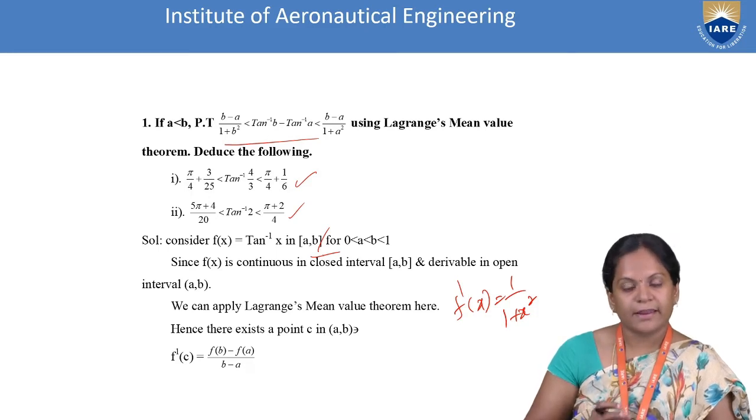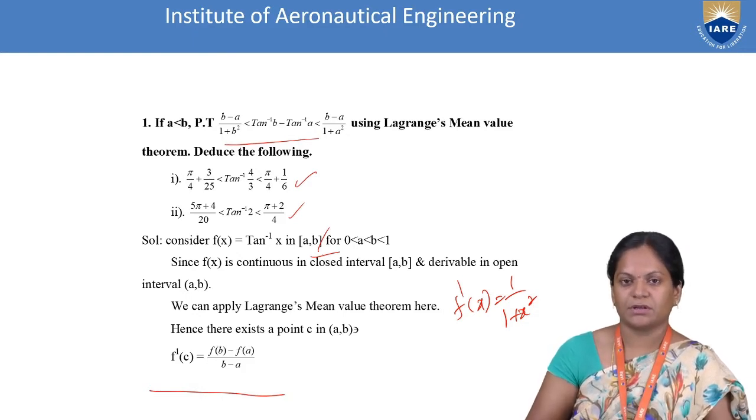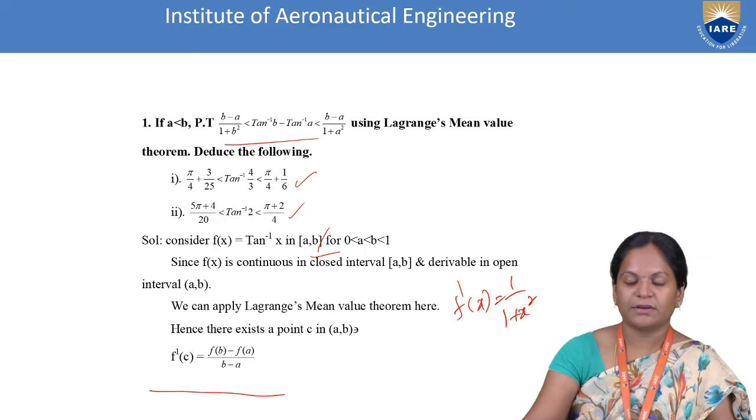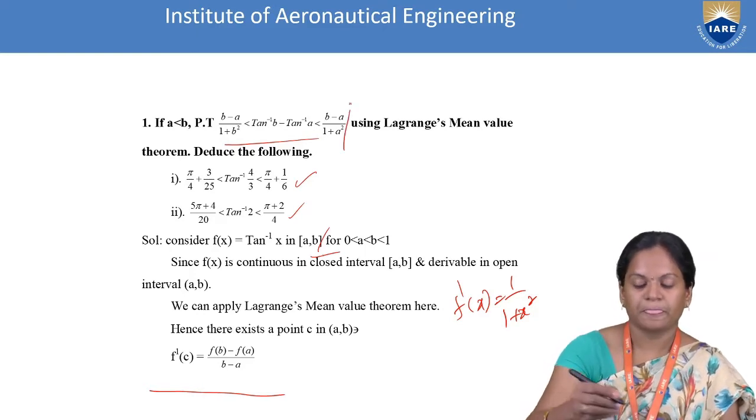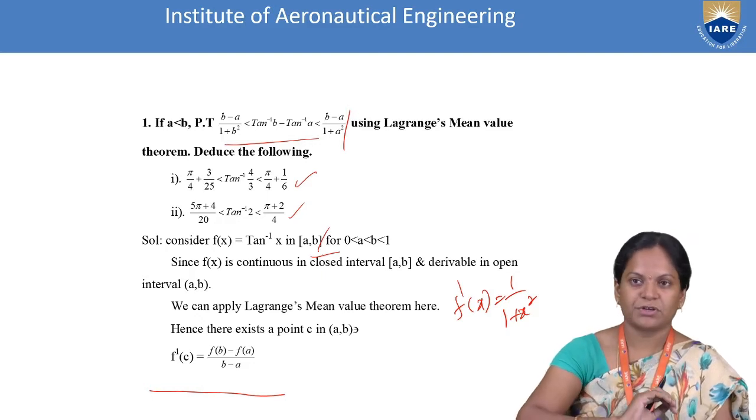Then there exists a point c in the open interval a comma b such that f dash of c equal to f of b minus f of a by b minus a. By using this condition, first we have to prove this inequality. So what is the first intention? Consider the function f of x.